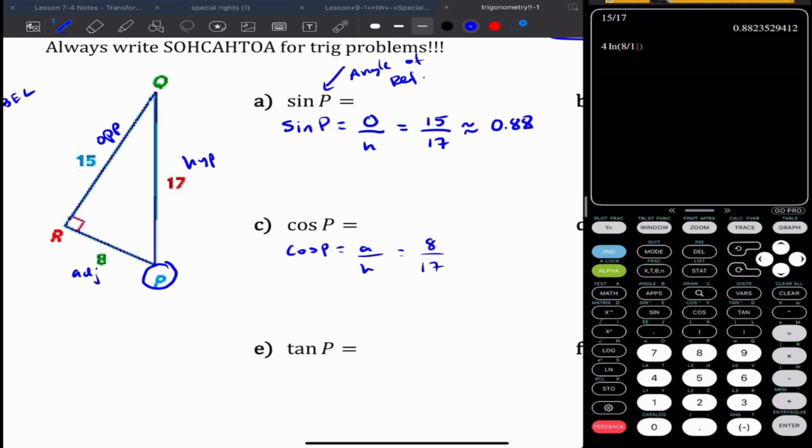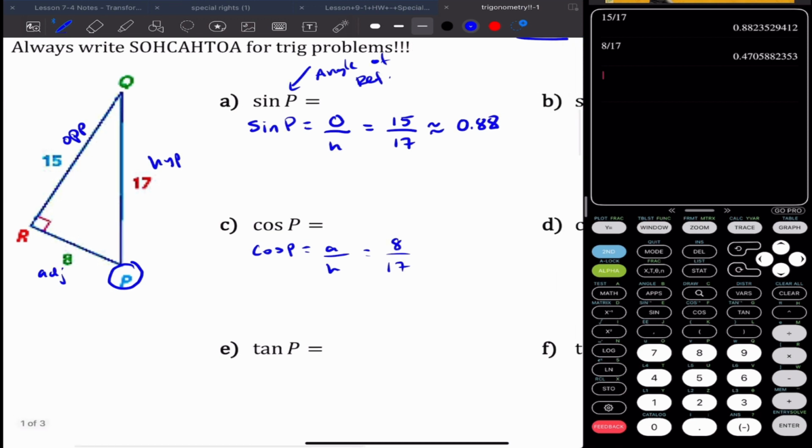Using my calculator, 8 divided by 17 is 0.470. Round to the nearest hundredths. That 0 dictates the 7, but the 0 doesn't change the hundredths place at all. So that's approximately 0.47. That's your answer.